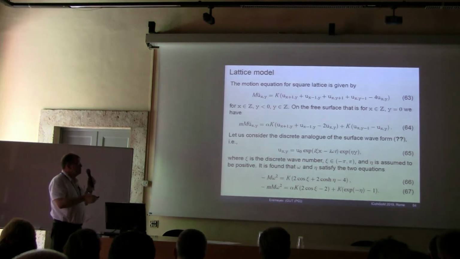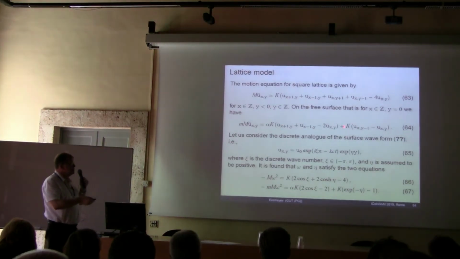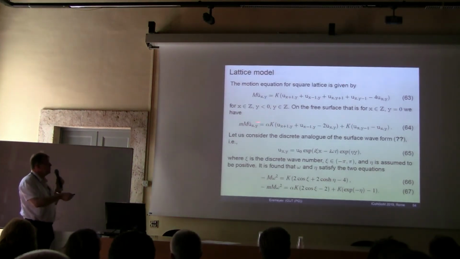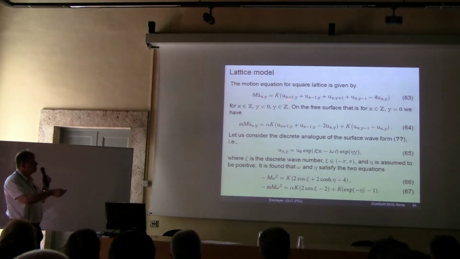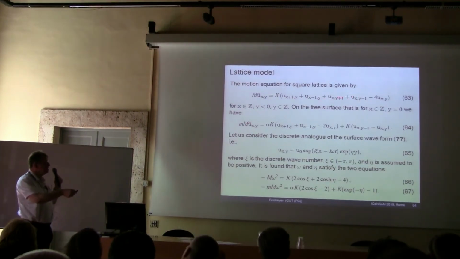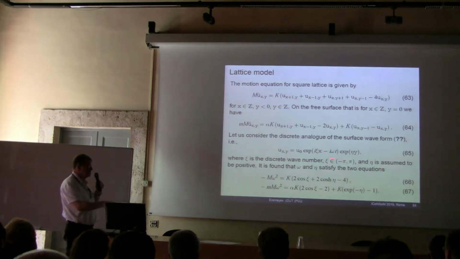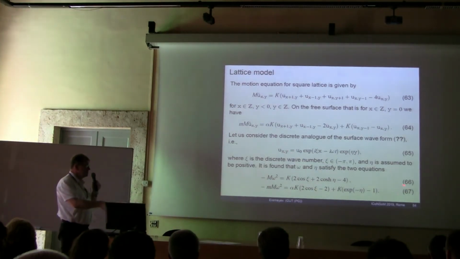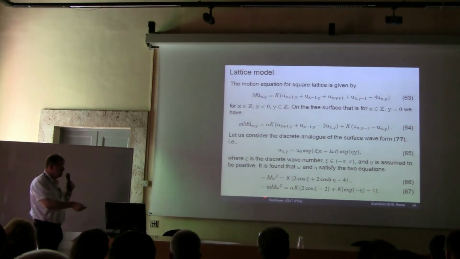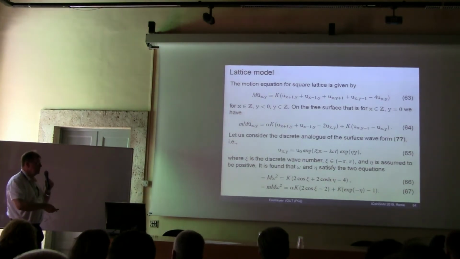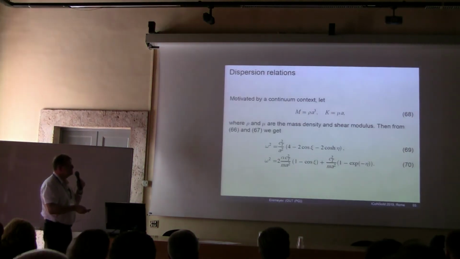so you have ordinary differential equations. Here you see finite difference equations, for the surface and for the bulk, and for the surface it is just this. We're also looking for the steady state solution, and we find some kind of implicit form of dispersion relations.